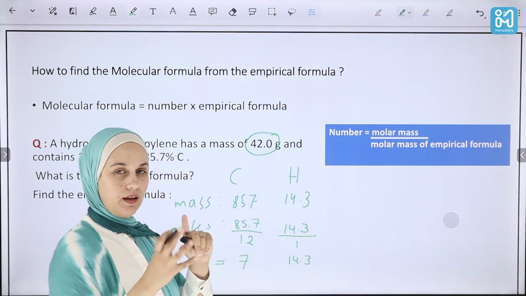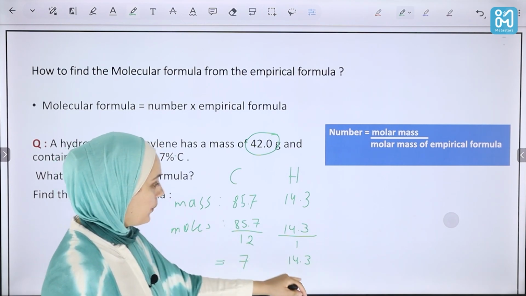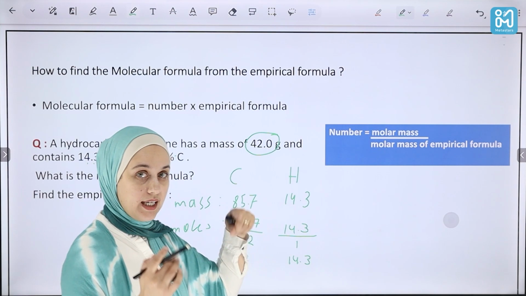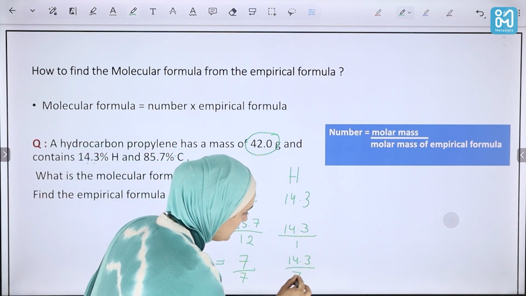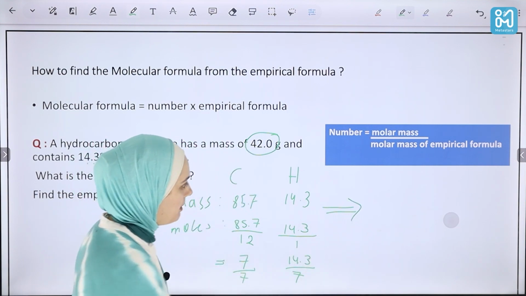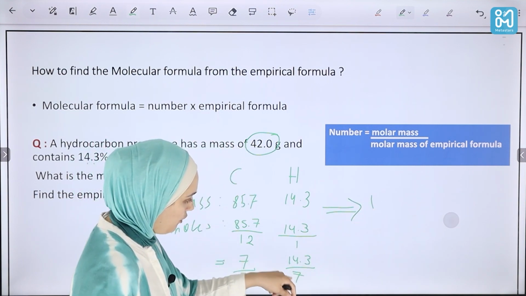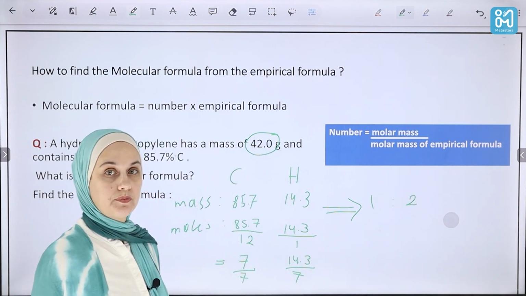You can round it to 7. Now the second step: divide by the smallest number. So I'll divide by 7 and by 7. 7 by 7 is 1, and 14 divided by 7 is approximately 2.